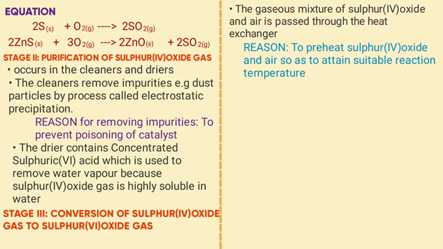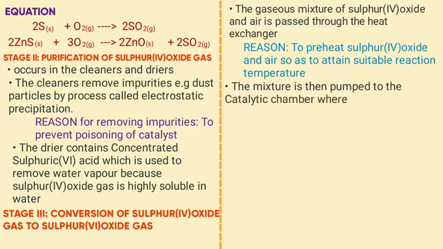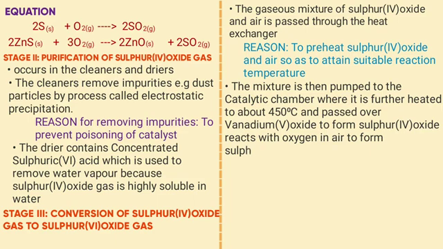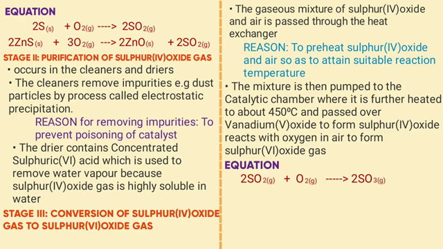After the preheating, the mixture is passed through the catalytic chamber, where it is further heated to a temperature of about 450 degrees Celsius, then passed over heated vanadium (V) oxide, where sulfur (IV) oxide reacts with oxygen to form sulfur (VI) oxide. The equation is 2SO2 plus O2, arrow, 2SO3 plus heat.